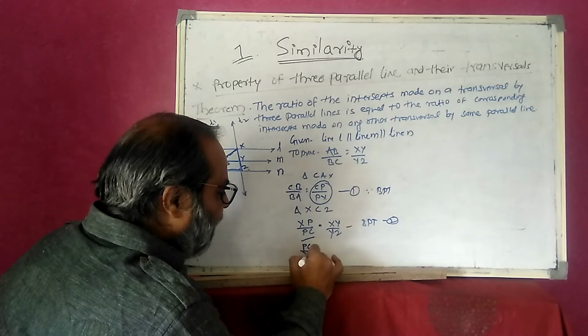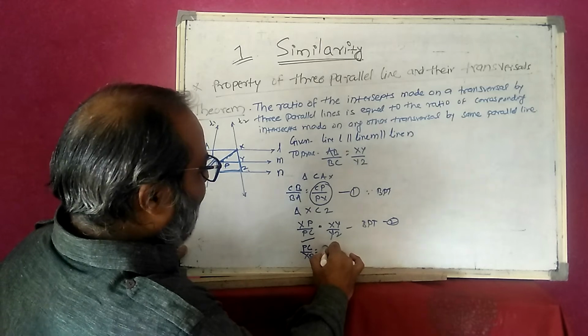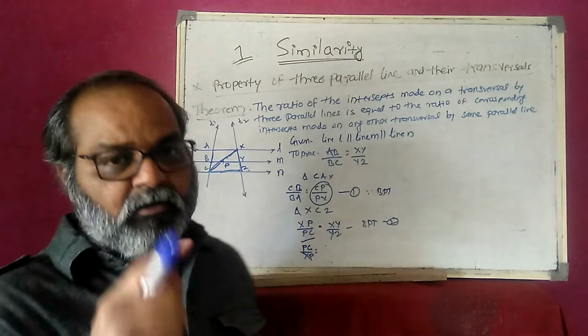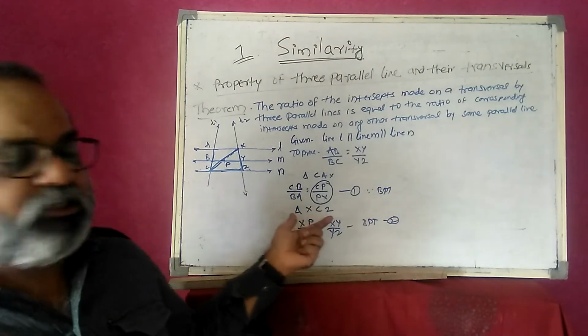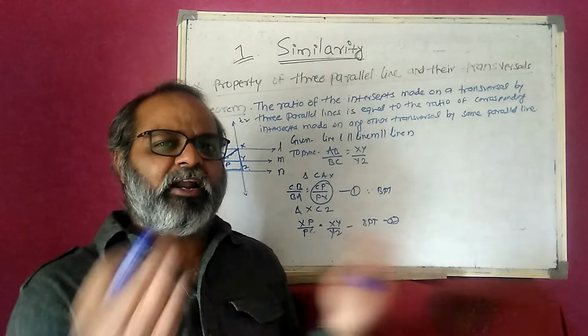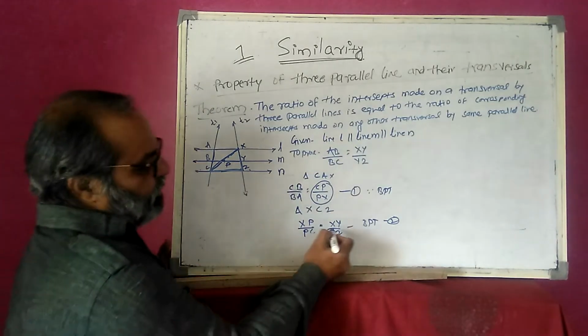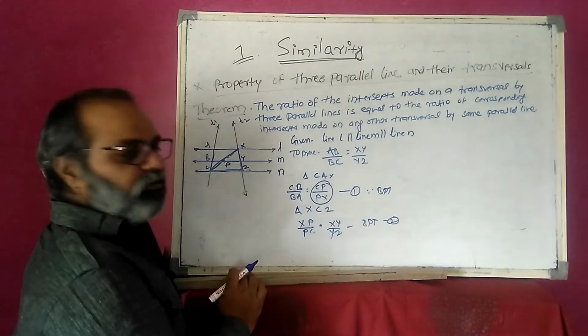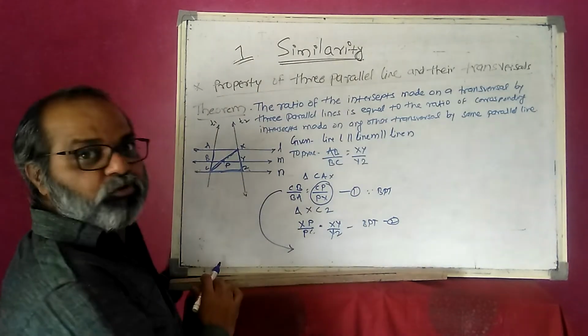PC upon XP is equal to XY upon YZ inverted. Instead of inverting this one, I just invert equation number 1 to make it short. So I apply invertendo to equation 1.